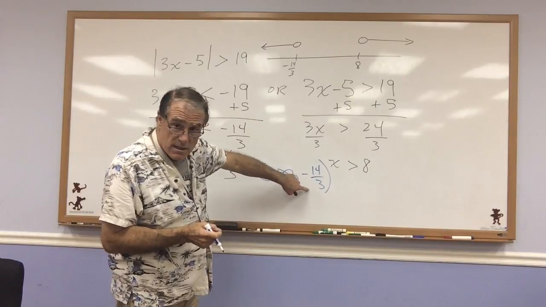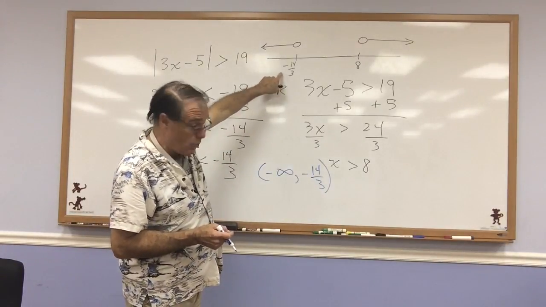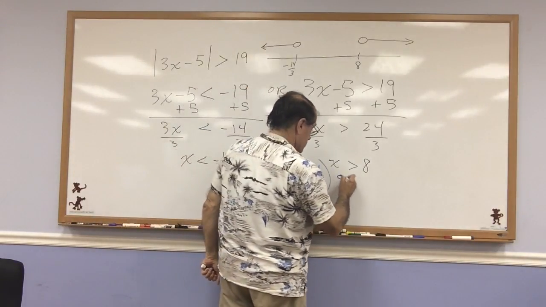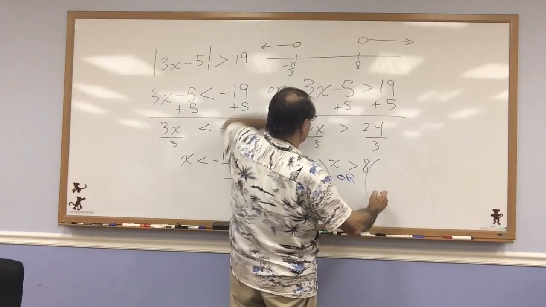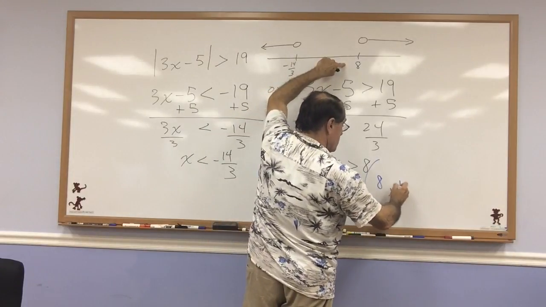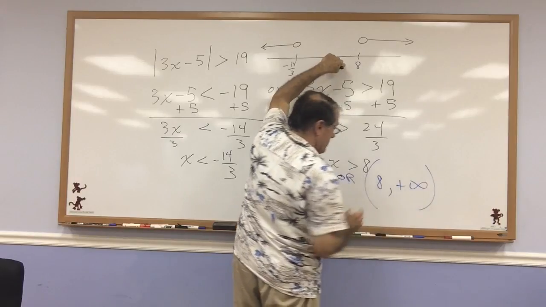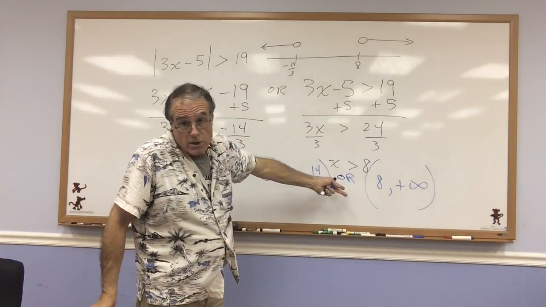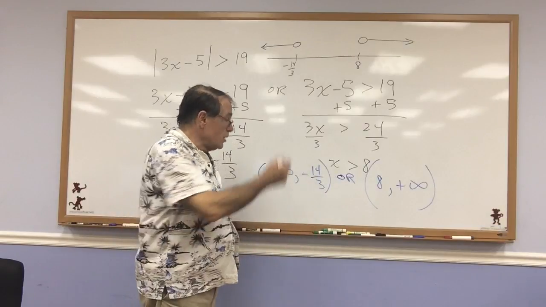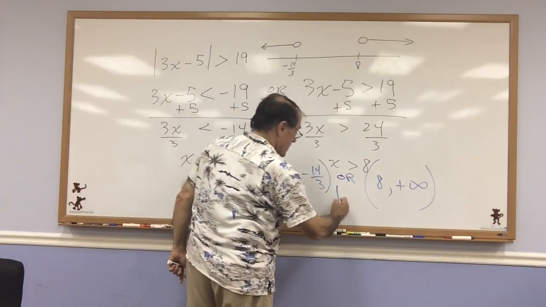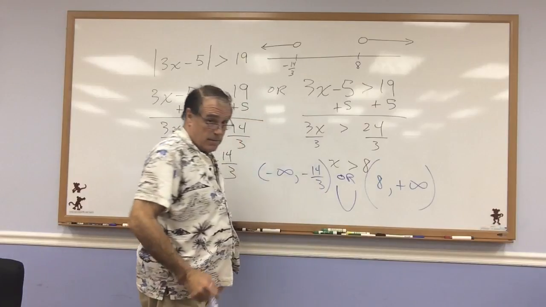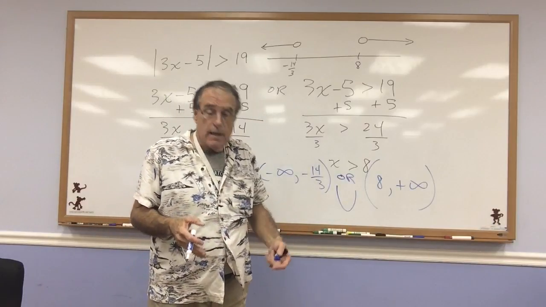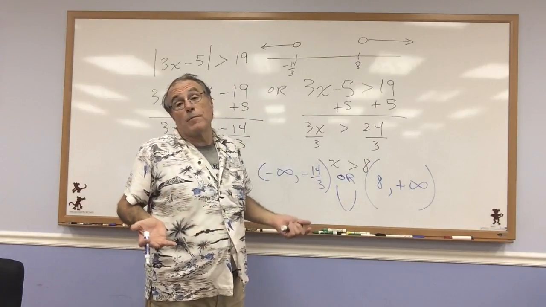I've got a parenthesis here because I'm not including negative 14 thirds, or parenthesis 8 to positive infinity, again a parenthesis. And once again, you could use the word or, which is fine, or you could use a large U symbolizing union. Union in set theory means one or the other or both.